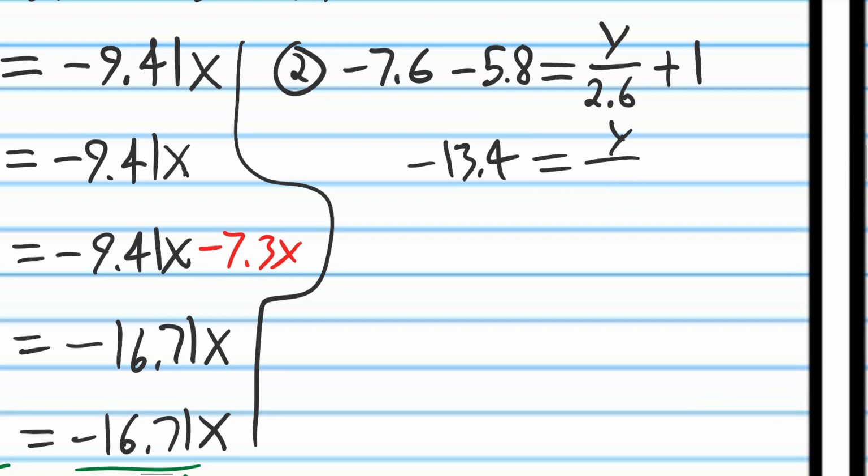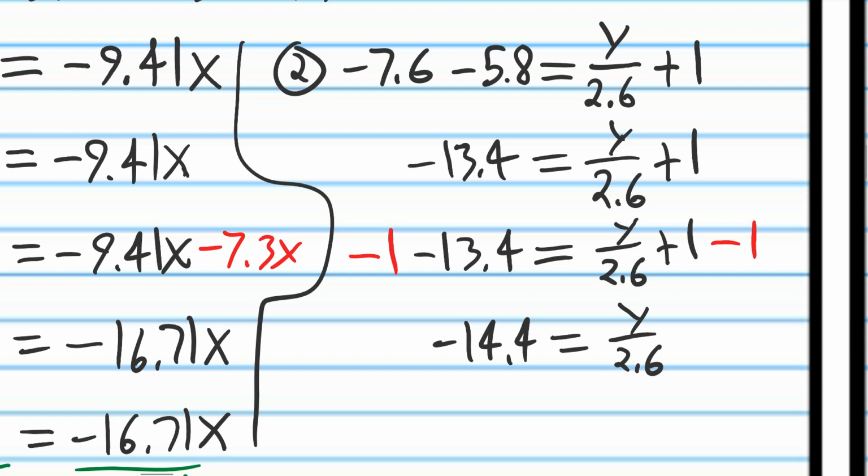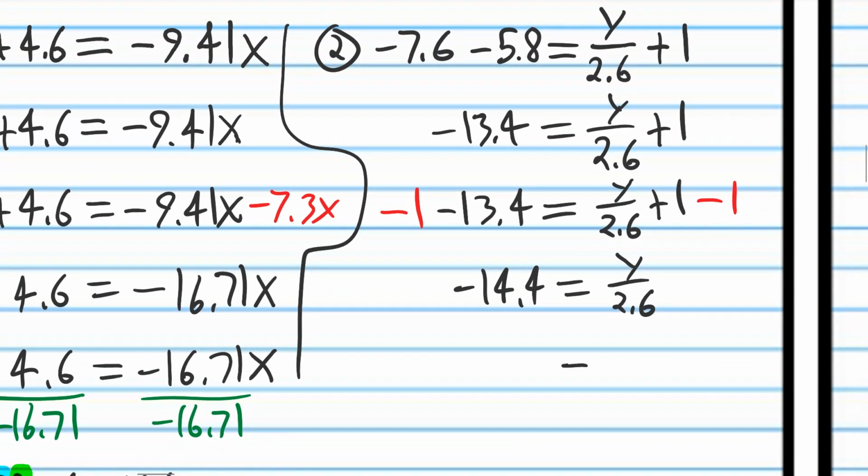So we have to rewrite that equation. Subtract 1 from both sides. And we're about to perform another operation on the equation. So we have to rewrite again.